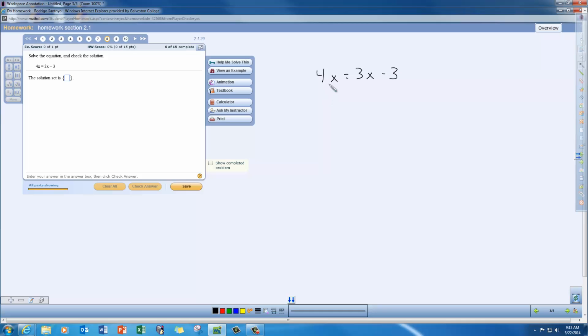So if we look at this problem here, we have a variable term. We have a variable term and we have a constant. Well, our whole goal is to get, first of all, the variable on one side. We have variables on both sides. If we notice here, we get rid of this positive 3x, bring it to this side once again by doing the opposite, so we subtract it. First of all, we see now variables gone from the right side of the equation.